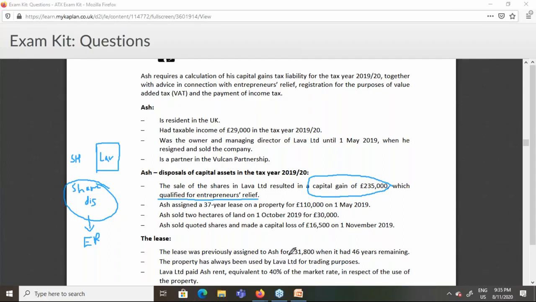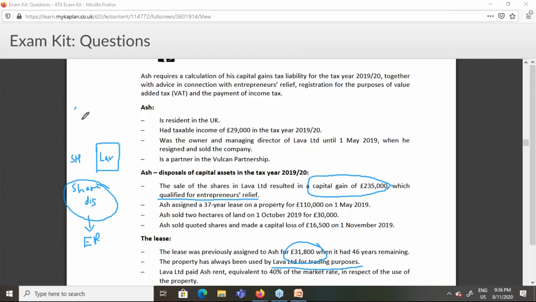So he has spent a cost of 31,800 to acquire the lease when it had a remaining lifespan of 46 years. The property has always been used by Lava Limited for trading purposes.